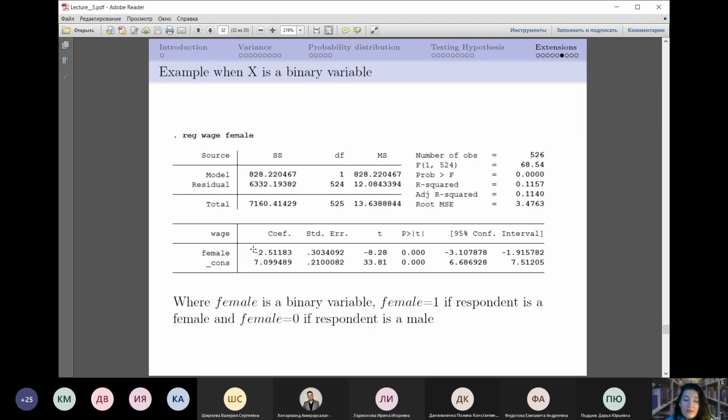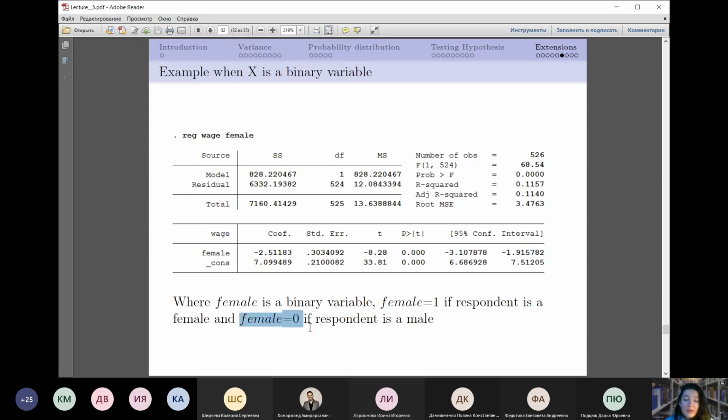So here you obtain the coefficient, and this coefficient again is statistically significant at the 5% and even 1% significance level. Here the coefficient is minus 2.5. The female variable has two categories: category 1 if the respondent is a female, and this variable equals 0 if the respondent is a male.